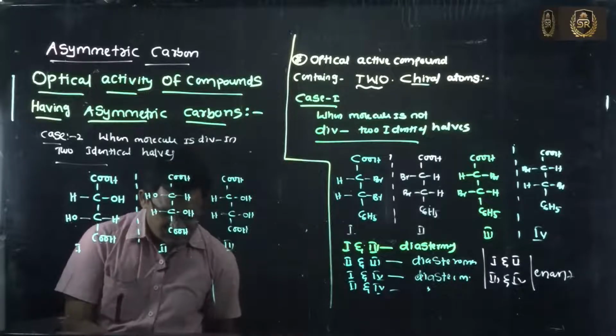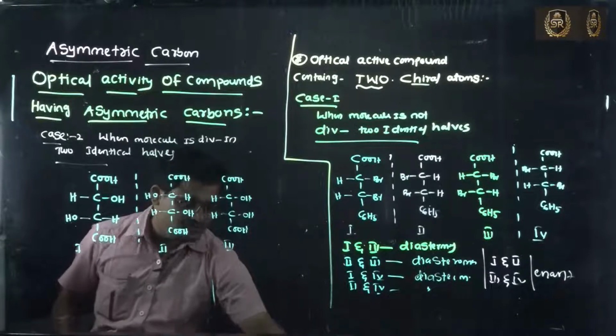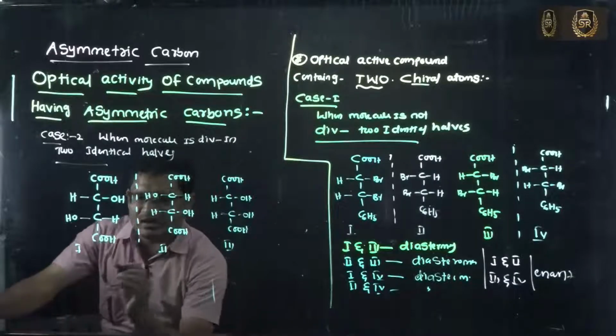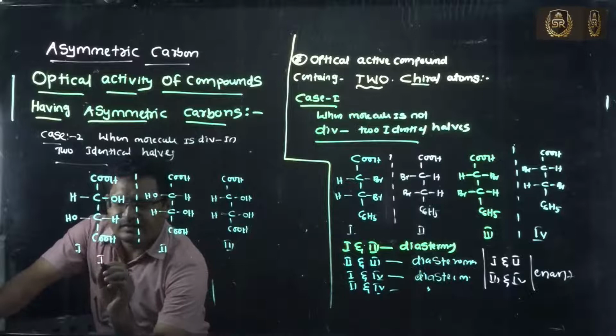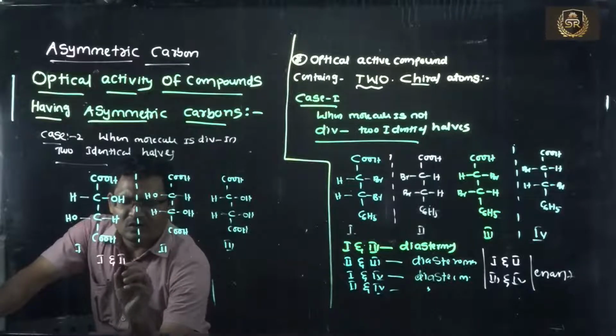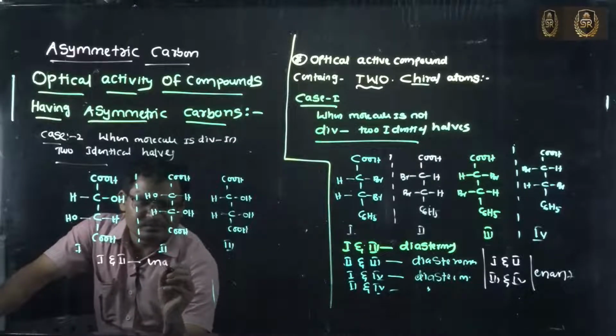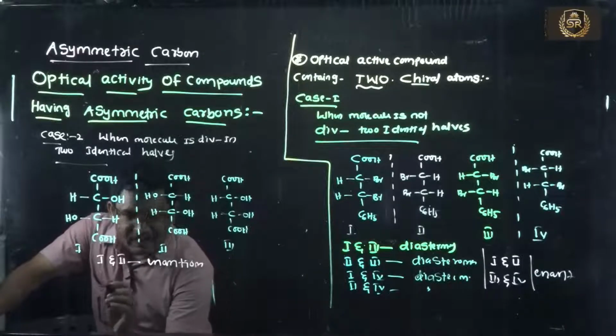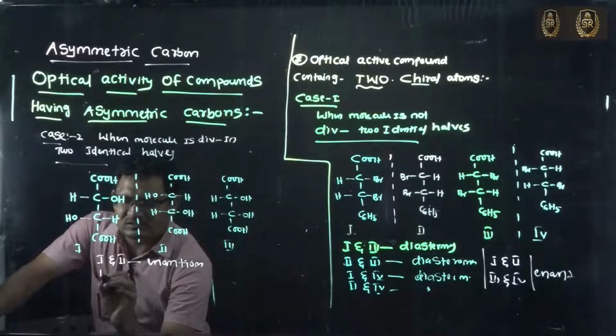What we observed in this structure: 1 and 2 are enantiomers. Next, 1 and 3 are diastereomers.